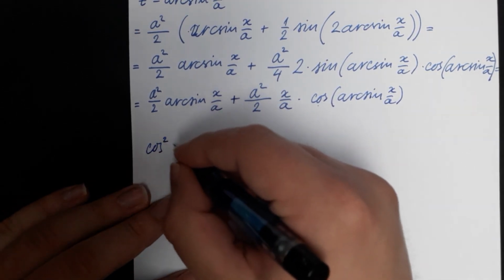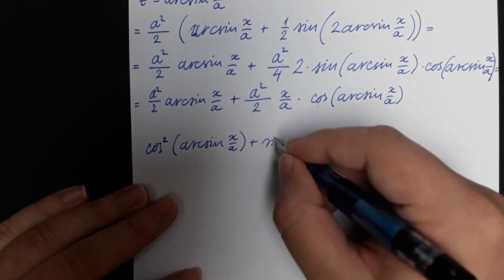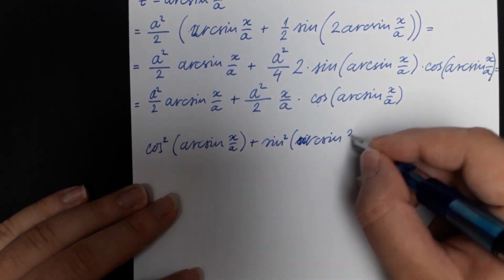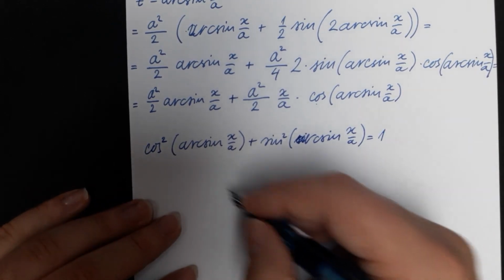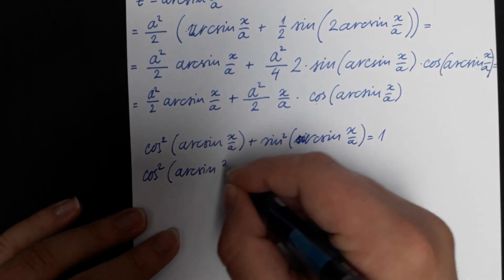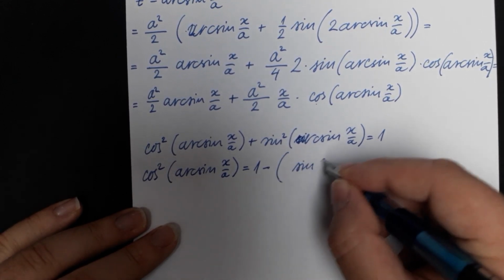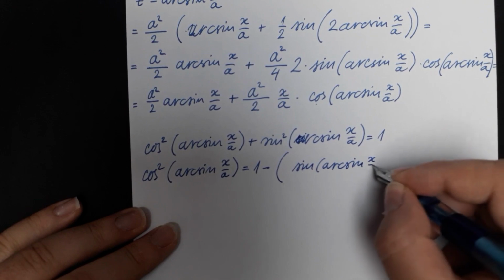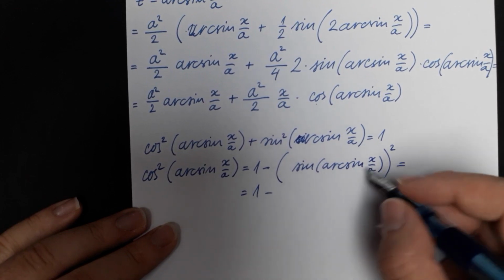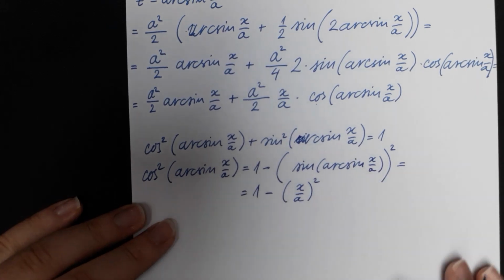Well, cosine squared of arcsine of x over a plus sine squared of arcsine of x over a is equal to 1. This basically means that cosine squared of arcsine of x over a is equal to 1 minus the sine of arcsine of x over a, squared, which is then equal to 1 minus x over a, and that is squared.